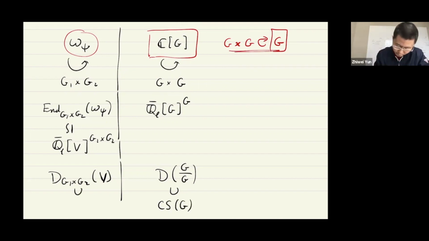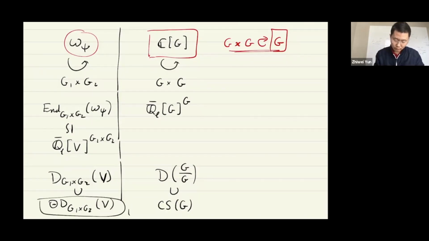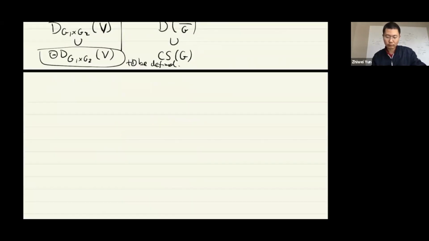Here, we want to define a similar category or collection of simple perverse sheaves that we will denote by Θ(G1, G2). This is to be defined. So that's the goal.